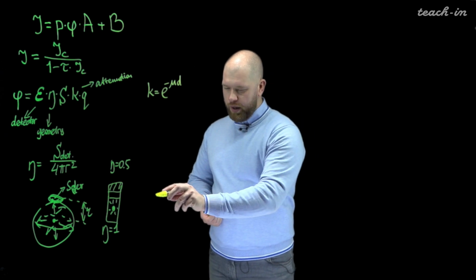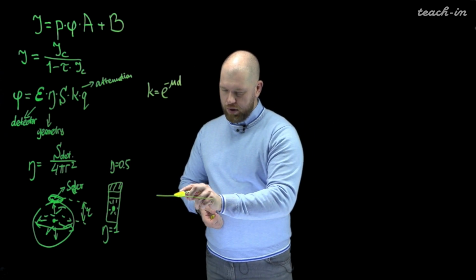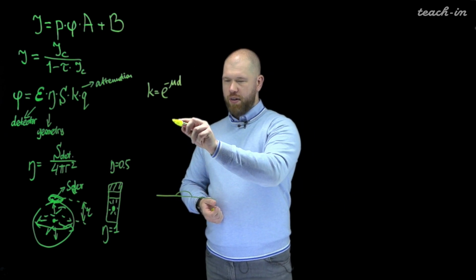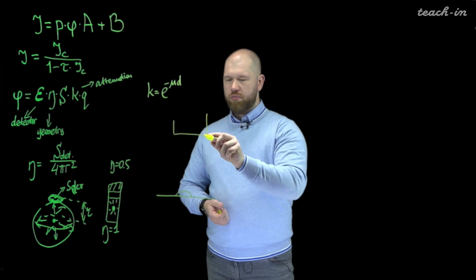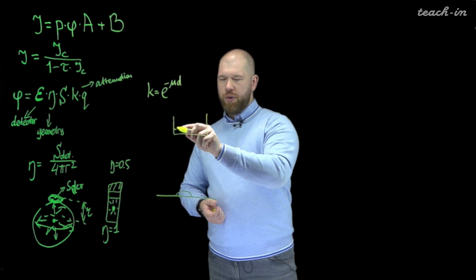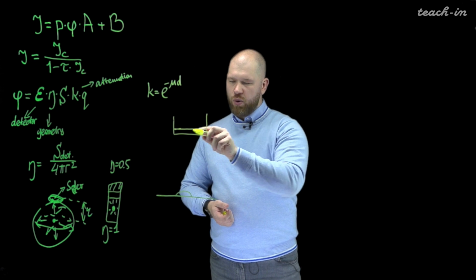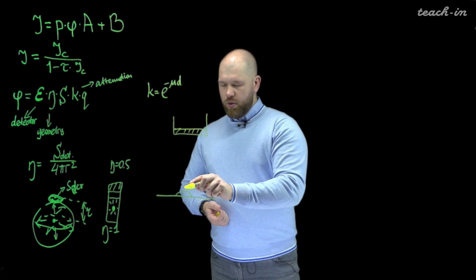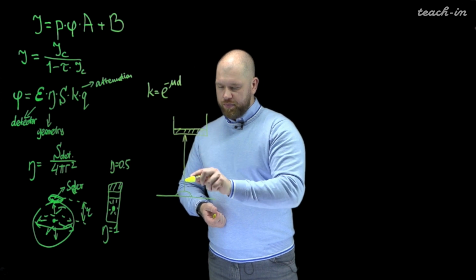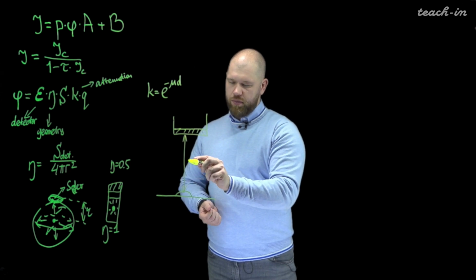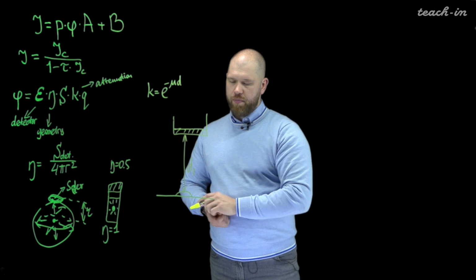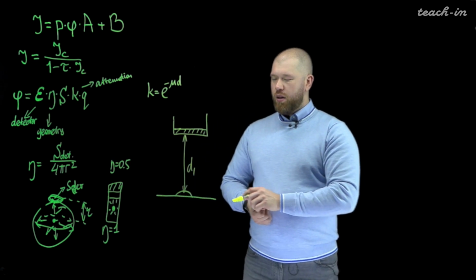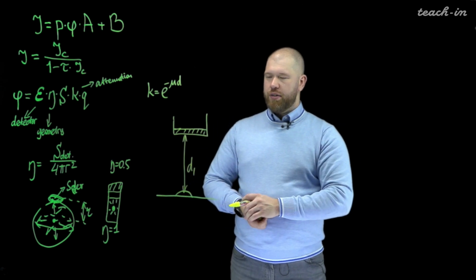Normally, if we have a sample here, we have a detector here, and we have this window of the detector. So we have a distance, let's call it D1, between the sample and the detector.